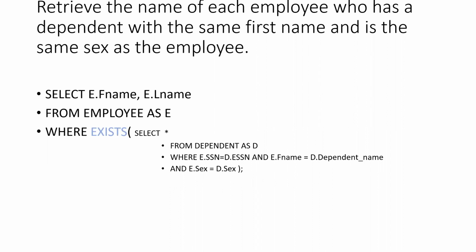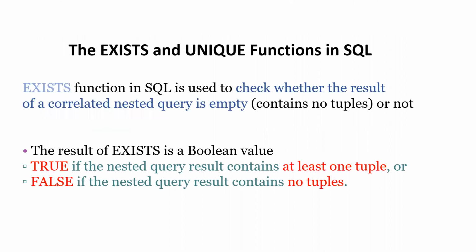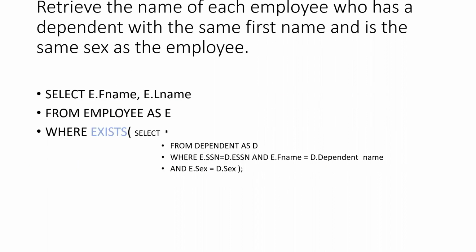So the EXISTS function returns true if the query result contains at least one tuple. For this, I'm renaming the dependent table as D and the employee table as E. So E is the alias for employee and D is the alias for dependent.